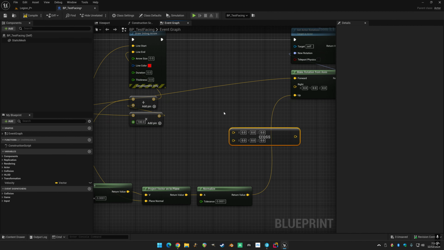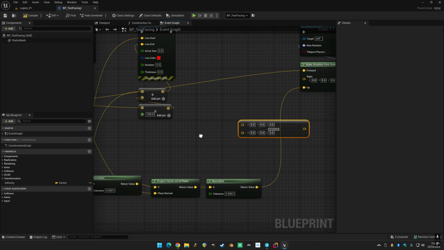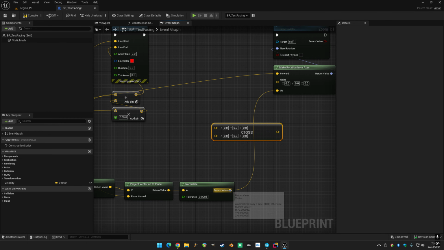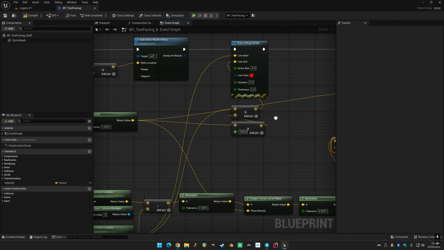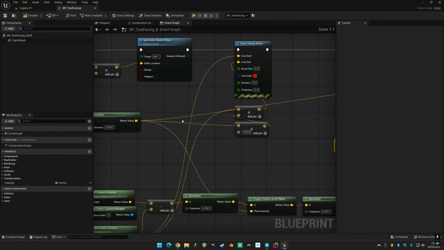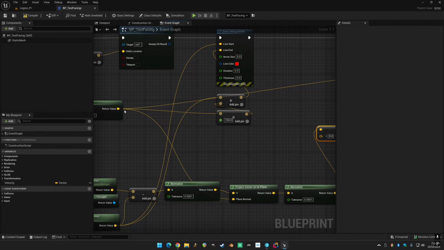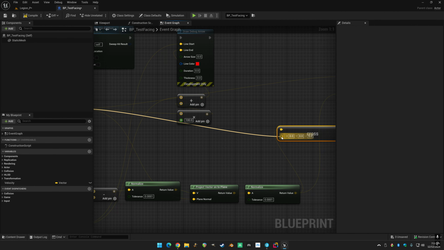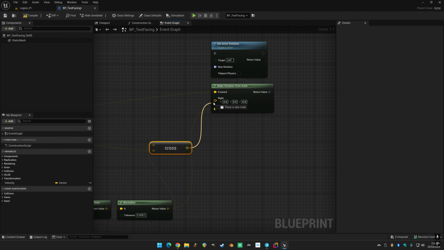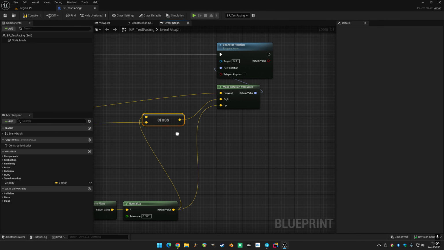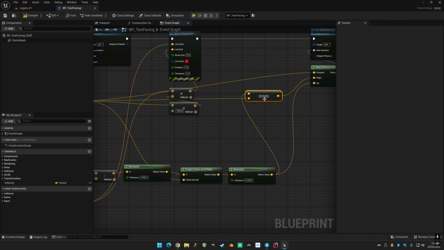So what we would do is the cross product of this camera vector and this directional vector. Now if we take the cross product of that, there we go. So we built all our axes.